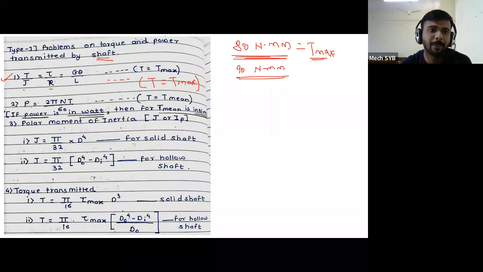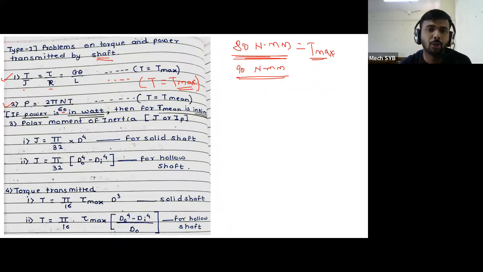Therefore, whatever the capital T represented in the torsion formula, that is also called T max. Please write in front of that formula, capital T is equal to T max. Then the second formula, the power formula, which I have just told: capital P is equal to 2 pi N T divided by 60.